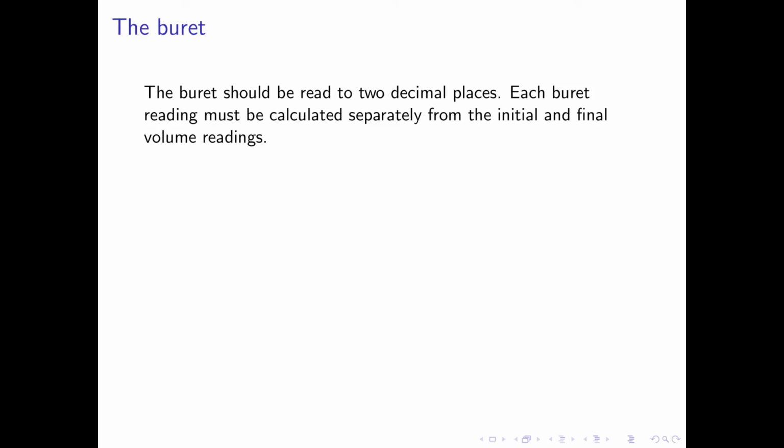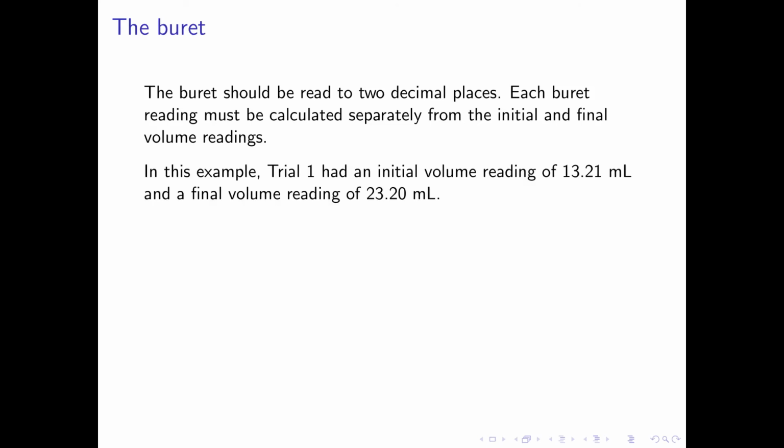Now we can consider the burette. Recall that the burette should be read to 2 decimal places, and that each burette reading must be calculated separately from the initial and final volume readings. For my data, Trial 1 had an initial volume reading of 13.21 milliliters and a final volume reading of 23.20 milliliters.